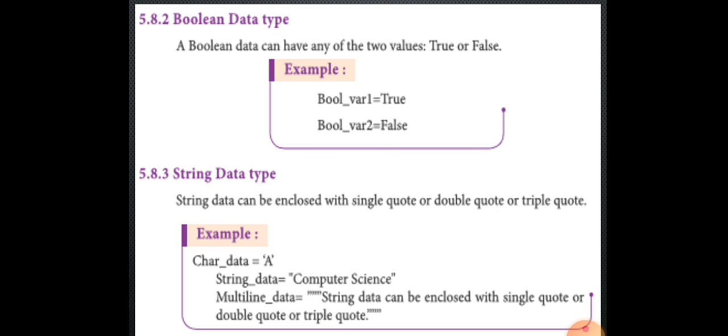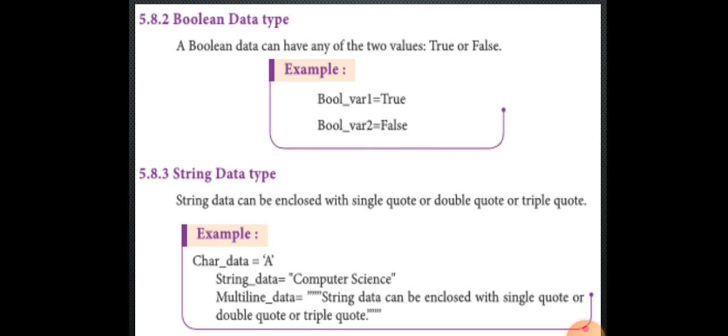Now you can see the examples given here. character_data is equal to a, that is only one character. If we want to represent it, we can assign it like this, a within single quotes. In Python there is no character data type. In C++ we use the char type, but in Python there is no character data type.